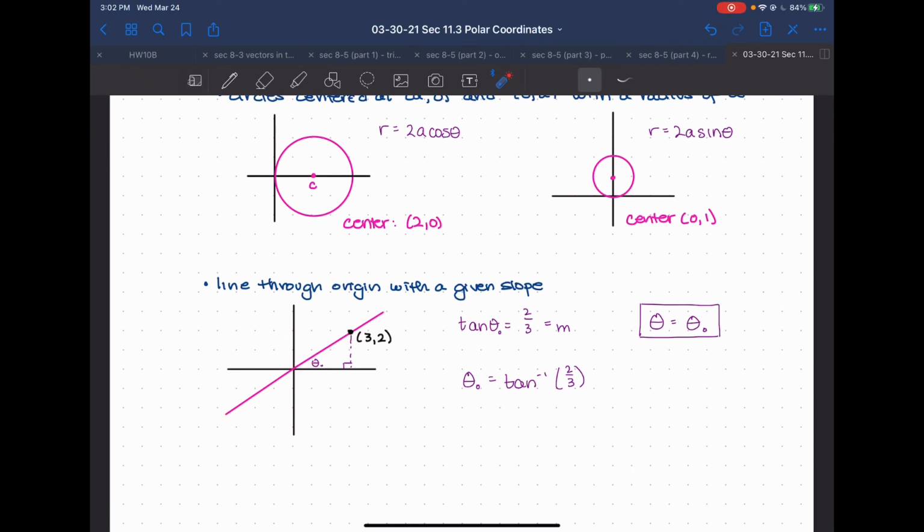What about the other part? Remember, these just have negative radius, but we'd still consider them there. So we're covered. This covers the entire line in both directions because r could be positive or negative. And that describes every point on there because every point here makes the same angle with the x-axis.